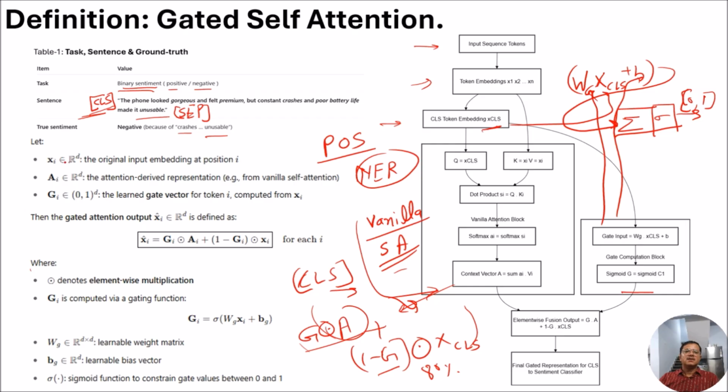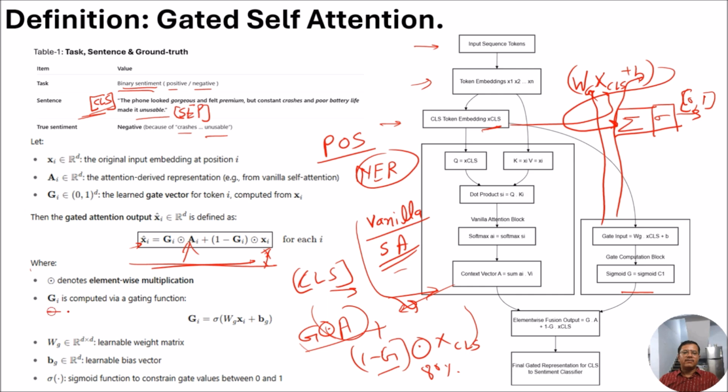So we define the gated attention score for each of the tokens like x hat i equals g_i, the gate for the token x_i, times a_i, the vanilla attention score calculated for token x_i, plus (1 minus g) element-wise multiplied with x_i, the embedding of token x_i. So this is the way we calculate the gated attention output for a given token.